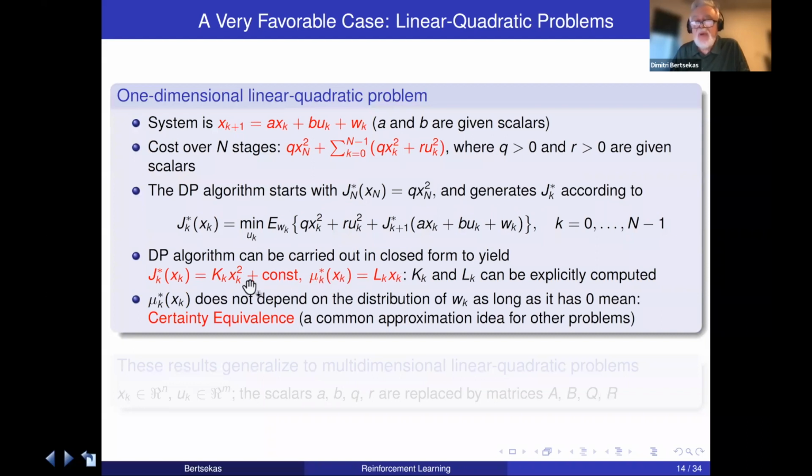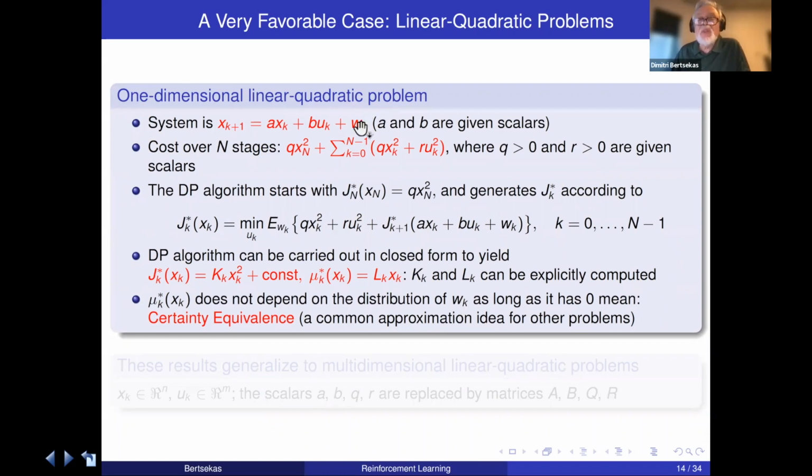There's another interesting fact about this problem. The optimal policy does not depend on W. Okay? It does not depend on the distribution of W. It does not depend on its variance, on its higher moments, whatever, as long as it has zero mean.